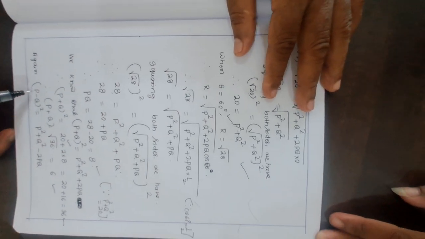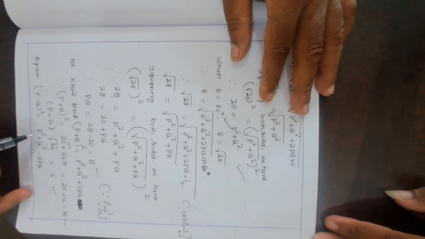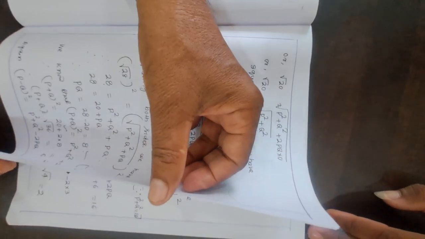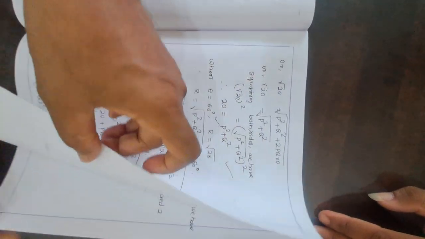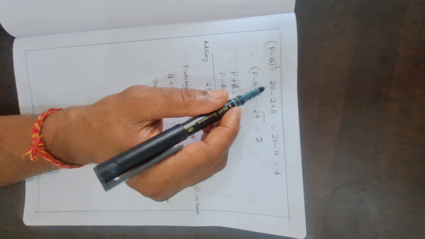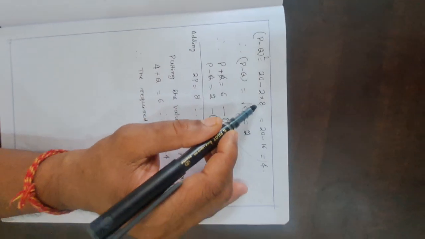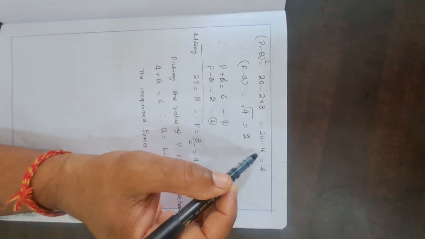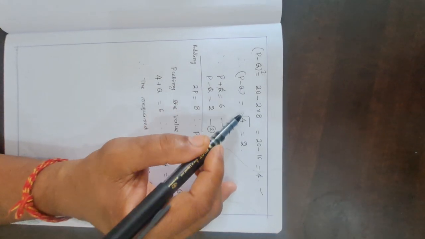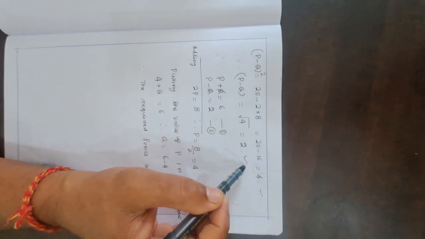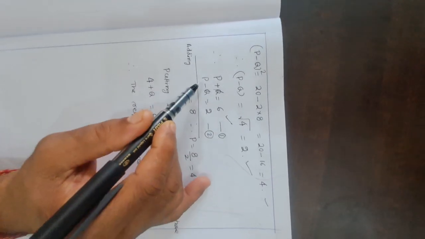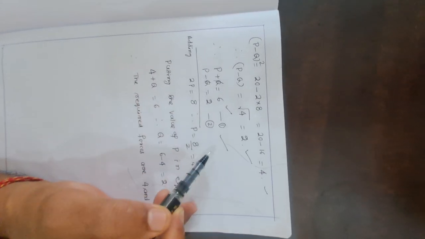Then P minus Q whole square is equal to P square plus Q square minus 2PQ. After putting all the values, we have P minus Q whole square is equal to 20 minus 2 into 8, which is equal to 20 minus 16, which is equal to 4, or P minus Q is equal to root over 4, which is equal to 2. Therefore, P plus Q is equal to 6, P minus Q is equal to 2.